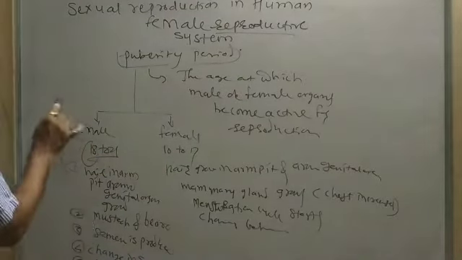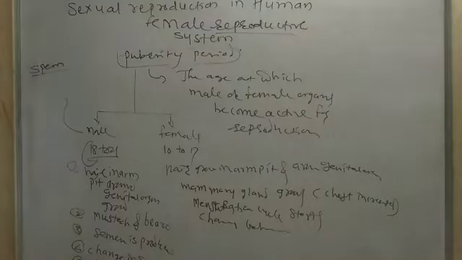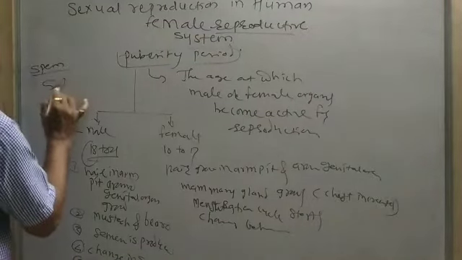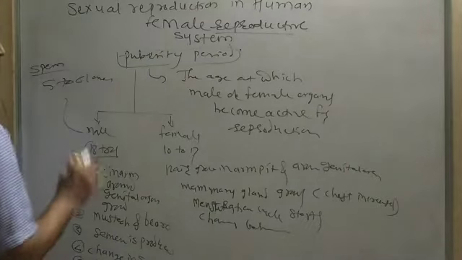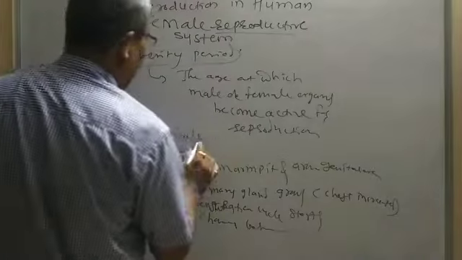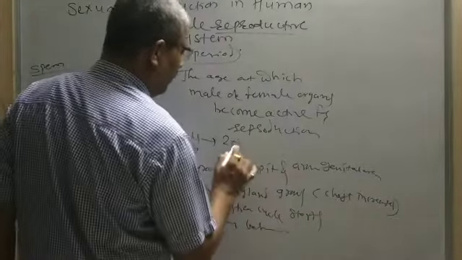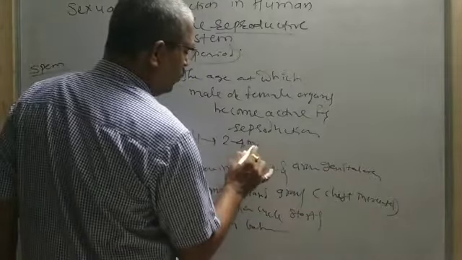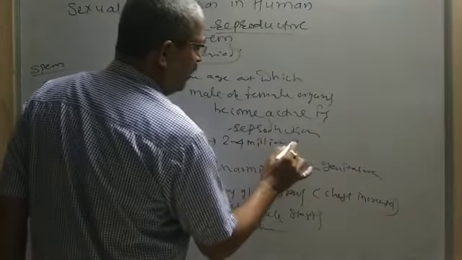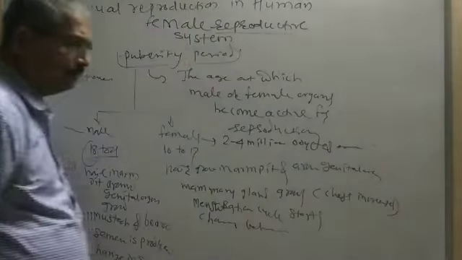I told you how many sperm cells are produced. What is the count of sperm cells? 5 to 6 lakh, or sometimes more than 6 lakh. And how many female gametes are there? Already at the birth of a female baby, there are 2 to 4 million oocytes present.